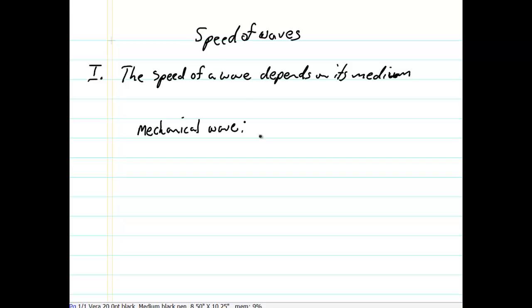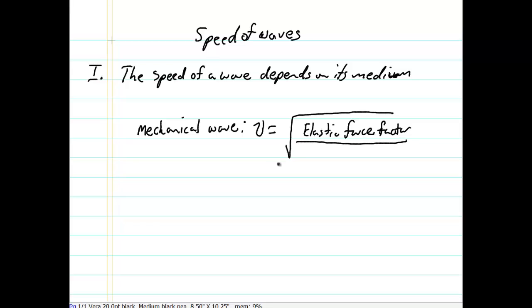we can tell you that the speed, v, is related to the square root of something related to the force. We'll call it the elastic force factor that connects the various oscillators, divided by an inertia factor, that is, the desires of the oscillators not to accelerate.